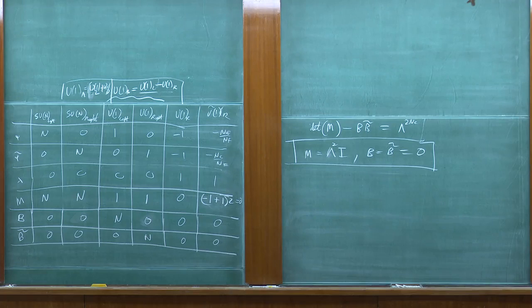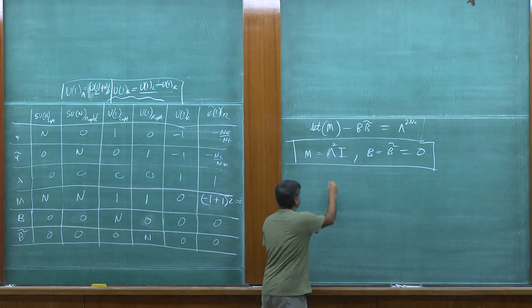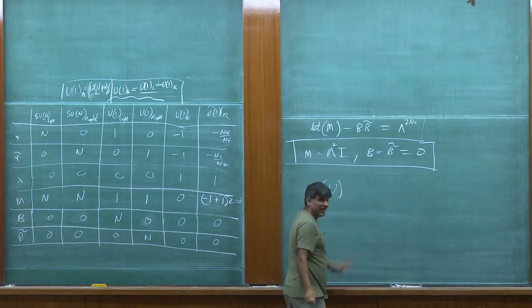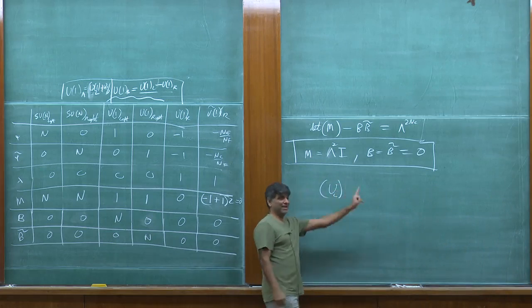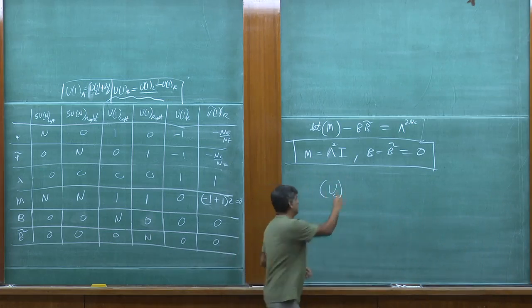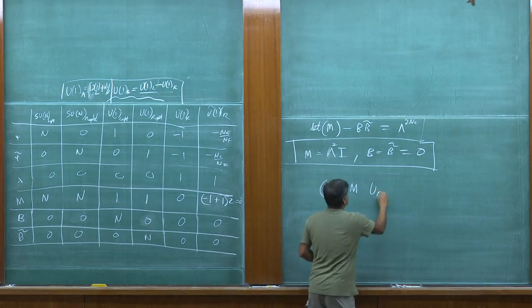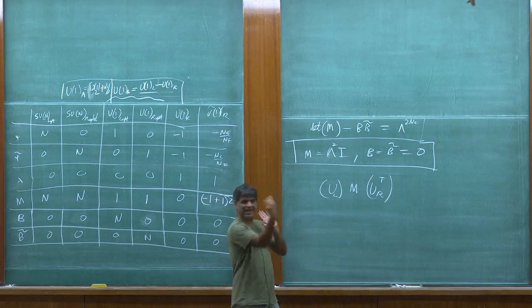Right? Inverse up to a transpose. Because the transformation of M is by some SU(N) U left matrix times M times U R, but we'll do it with a transpose, so that it acts on that side.